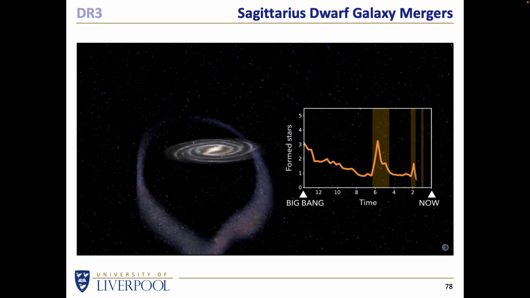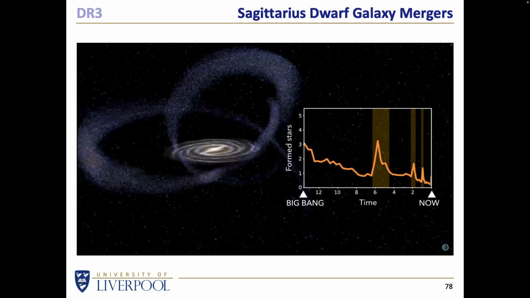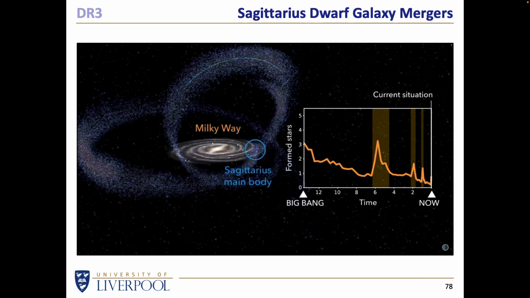And then it's still a big star stream, but then it clipped us again about 1 billion years ago. We can get these timings, not absolutely precisely, but we think this 6 billion, 2 billion, 1 billion is an accurate way of indicating how this particular galaxy has been clipping the Milky Way.